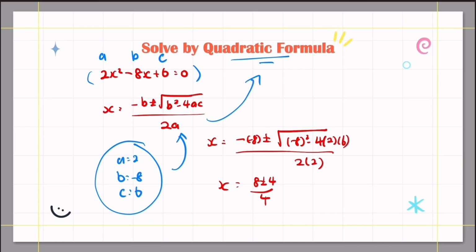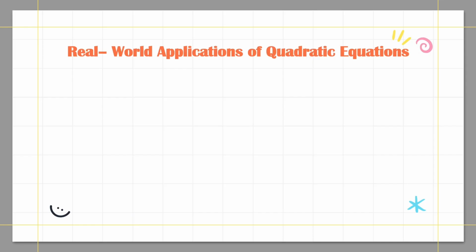Next we divide this equation by 2 again, and we know that x equals 3 or x equals 1.